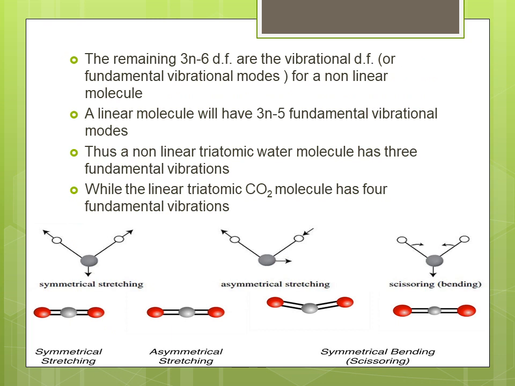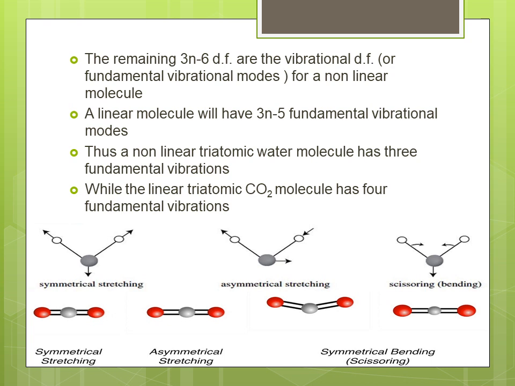Since in IR spectroscopy we are interested in vibrational degrees of freedom, these can be calculated by subtracting the translatory and rotational degrees of freedom from the total degrees of freedom. So 3n minus 6, where 3n is the total degrees of freedom and 6 is the translatory plus rotatory degrees of freedom for non-linear molecules.